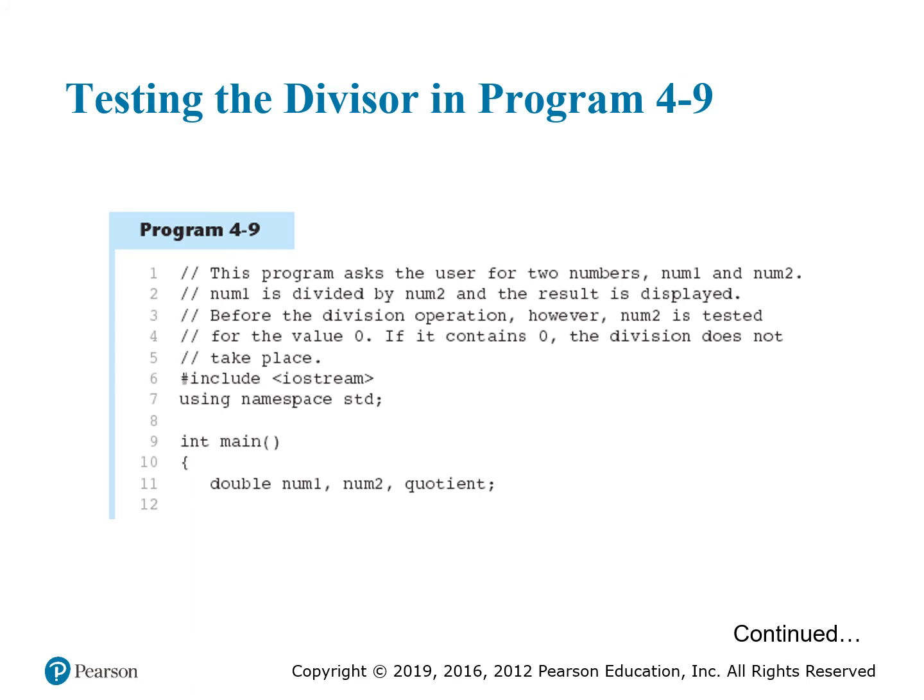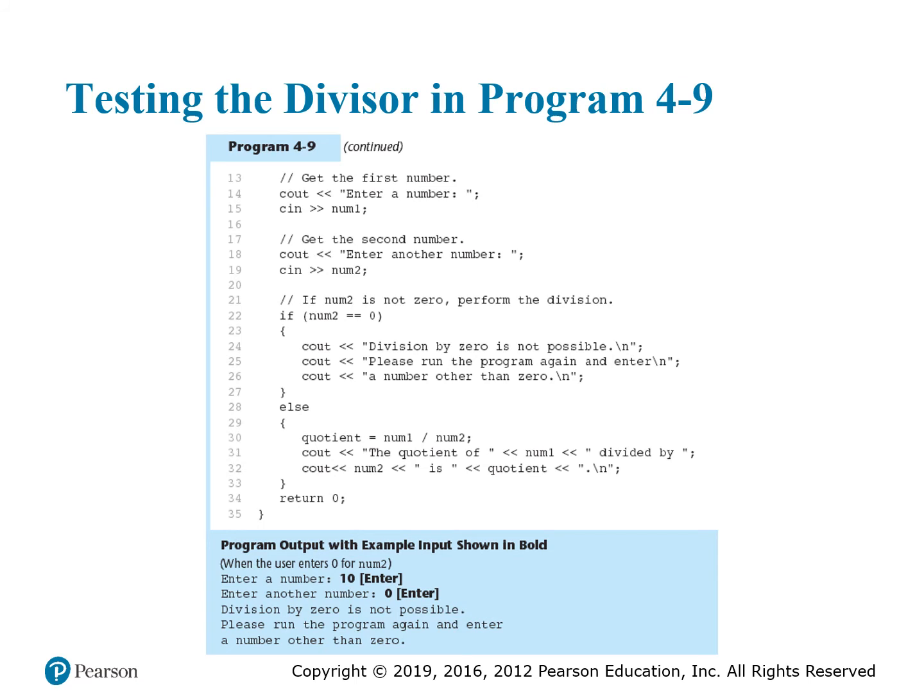Another example would be if we wanted to check that division was possible because we don't want to end up dividing by 0. So enter a first number, num1, enter a second number, num2. Then here, if num2 equals 0, okay, if our divisor is 0, then we cout a series of statements that tell the user division by 0 is not possible.